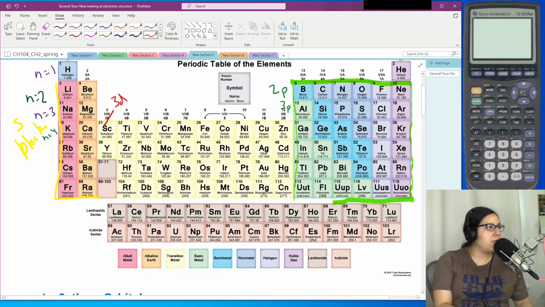Even though we went to 4s, now we have to go back and fill up 3d. Notice this is 1, 2, 3, 4, 5, 6, 7, 8, 9, 10 across. This is our d block, so you probably want to highlight this.